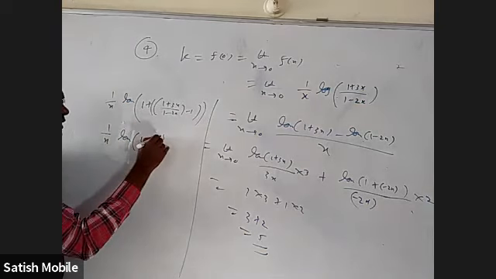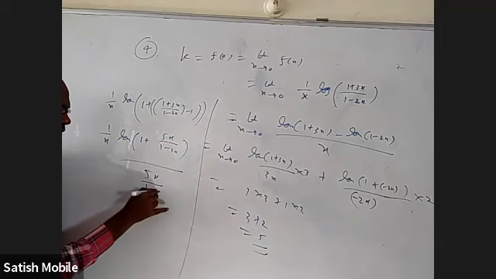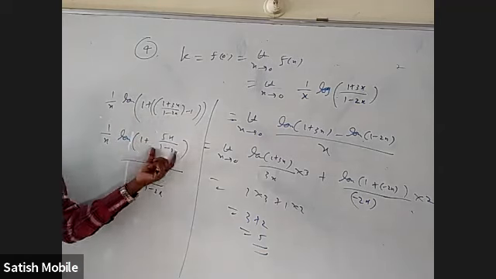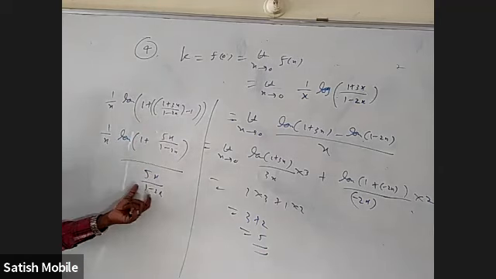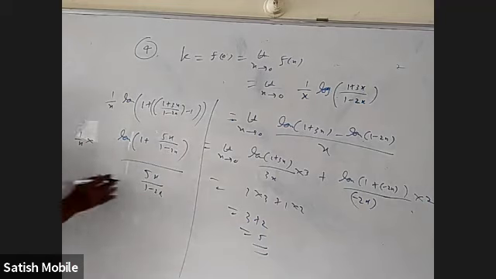When I simplify this, I'll get 5x by 1 minus 2x. Let me divide by 5x by 1 minus 2x. I added 1, subtracted 1, simplified this part, I got this. Whatever is here, same thing, I divided. Then I have to multiply also. 1 by x into 5x by 1 minus 2x.